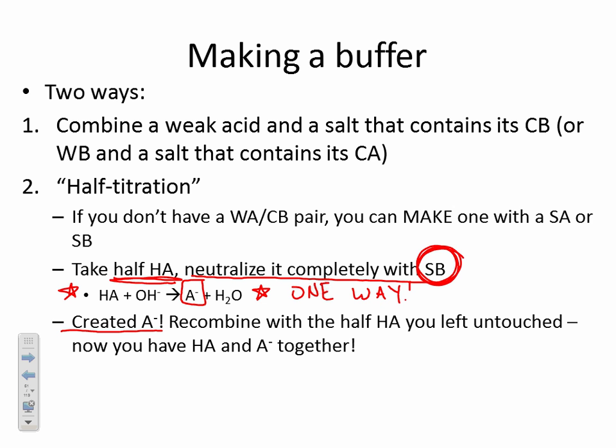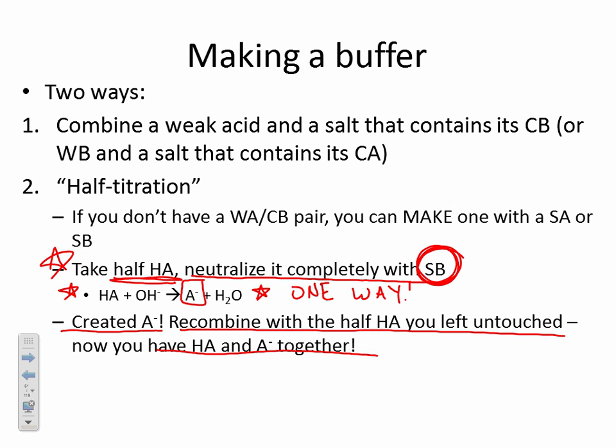You can make the second one by reacting some of it, because once you've created that A minus, if you then recombine it with the half of the HA that you left untouched, remember, we took half here. We didn't react all of it. We split it into two equal portions. We reacted half of it, and then you combine it back together. Now you have both of them together in the same beaker, and there is your buffer.